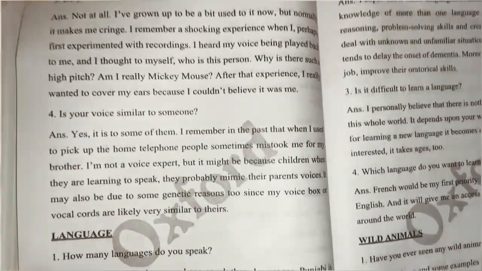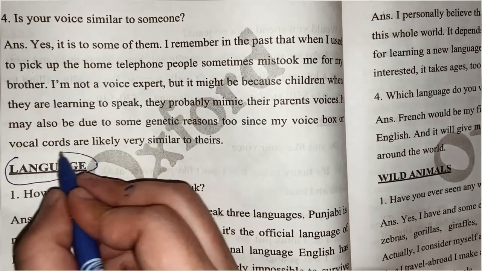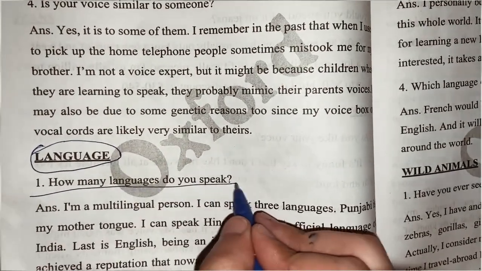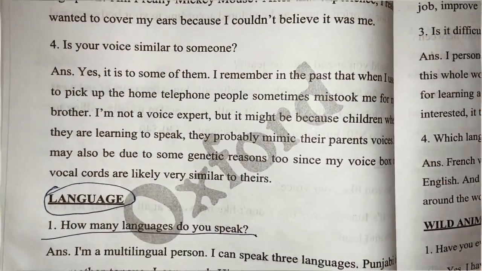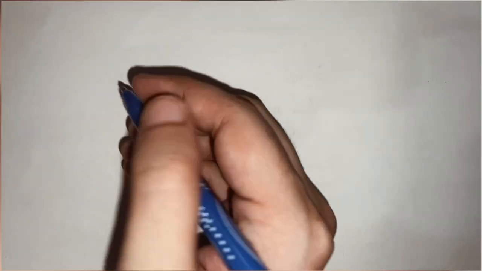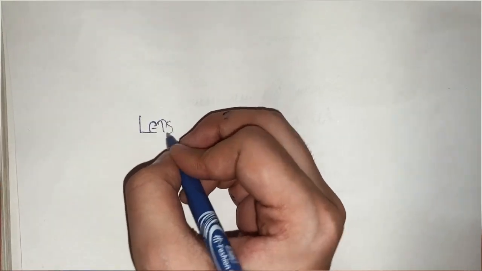Okay guys, and languages: how many languages do you speak? And the answer: I am a multilingual person, I can speak 3 languages. So these are all topics you can prepare in your files.